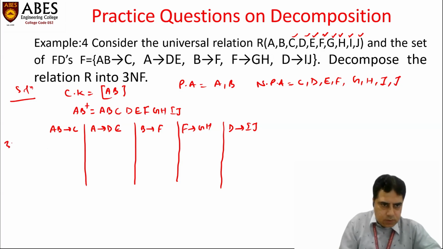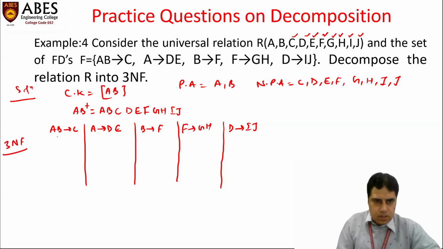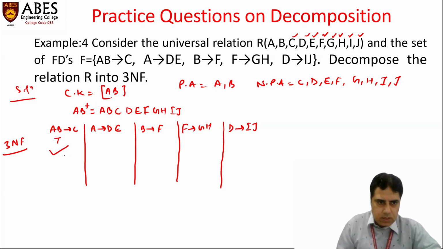Now check for 3NF. The left hand side should be the candidate key: AB, true. So this is in 3NF. Now for A determines DE: the left hand side should be the candidate key, false, or DE is a prime attribute, false. So this is not in 3NF.